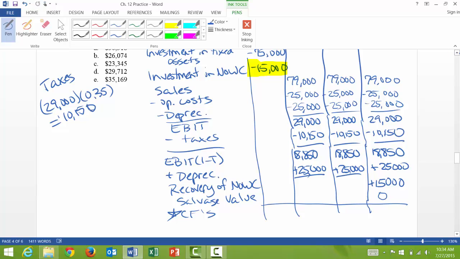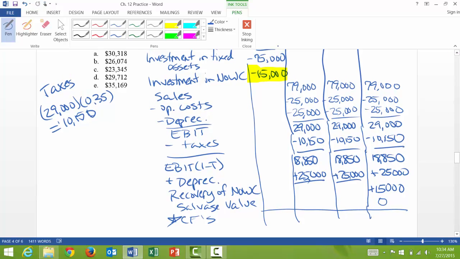And so if I scoot up a little bit, at time 0 we had negative 75,000 and negative 15,000. So if we add those two, that's negative 90,000. So our startup costs, time 0, costs us 90,000.